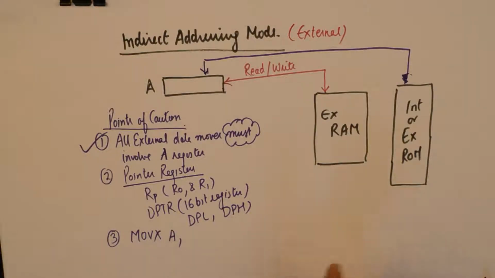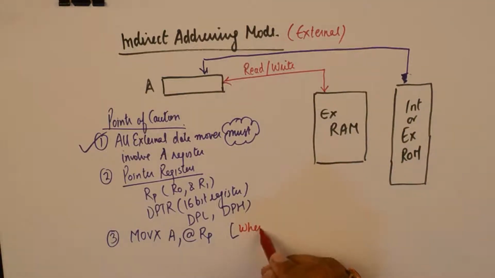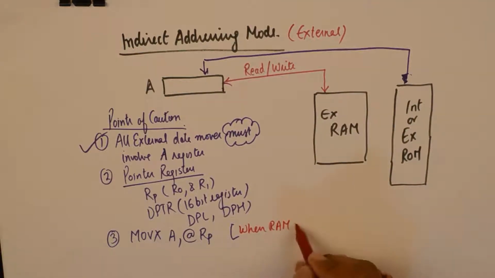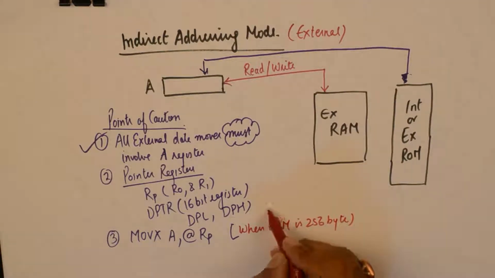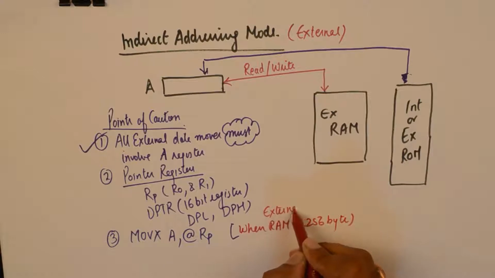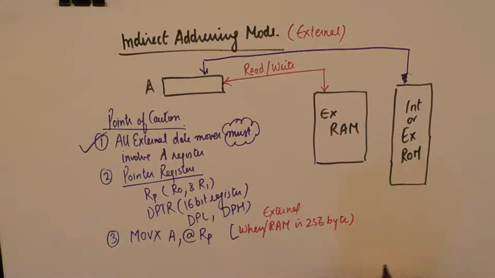So a 256 byte long external RAM would only have an 8-bit address, so we can safely put the address in RP. So this is case 1 when external RAM is 256 byte, and the inverse of that is also possible.